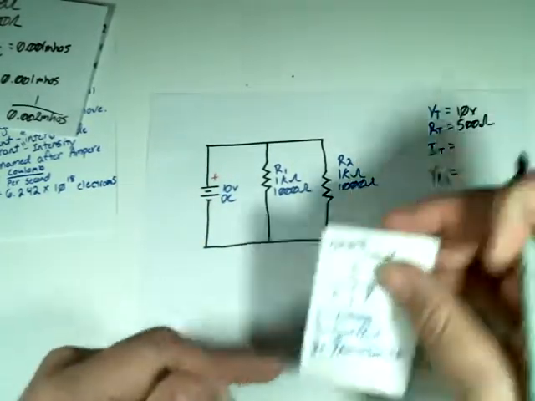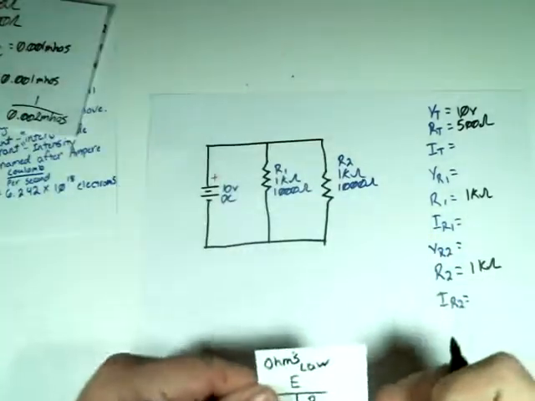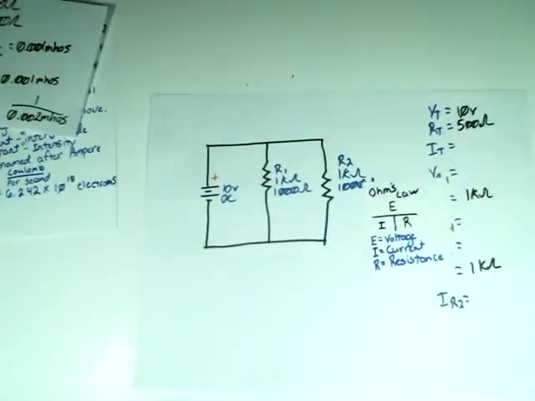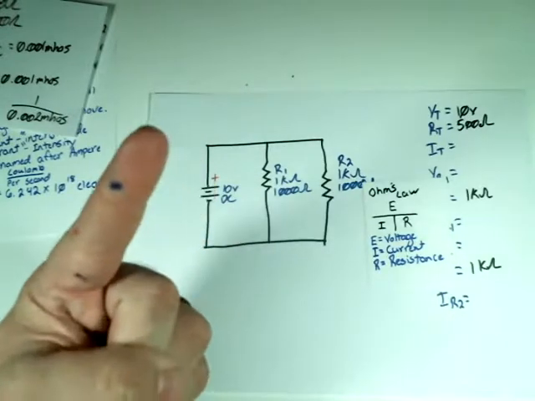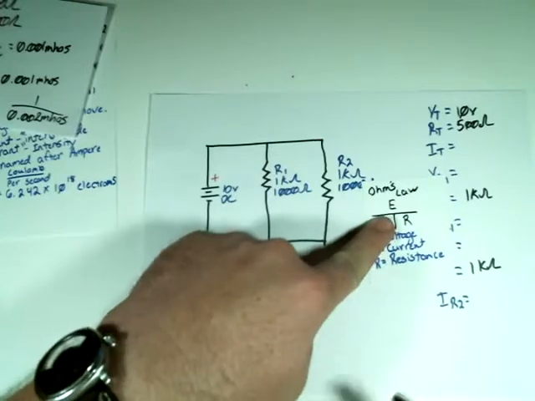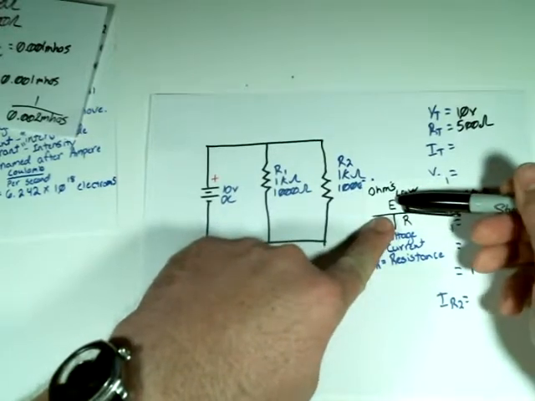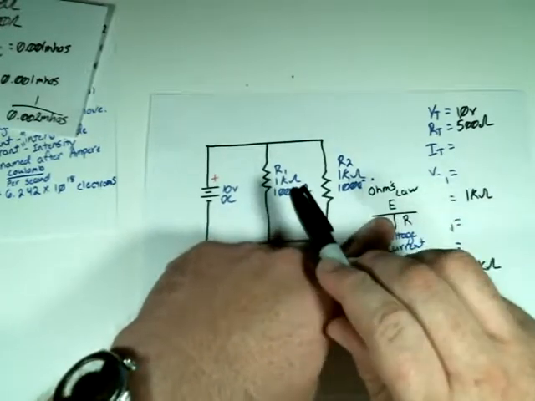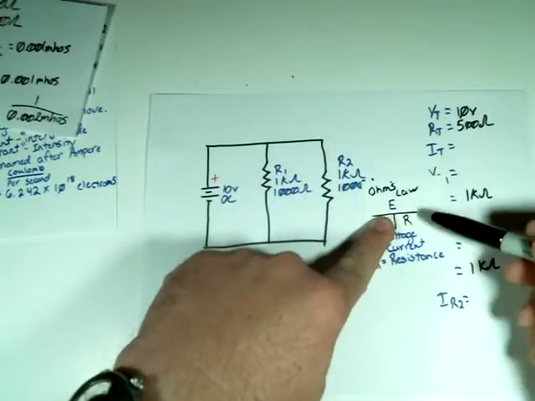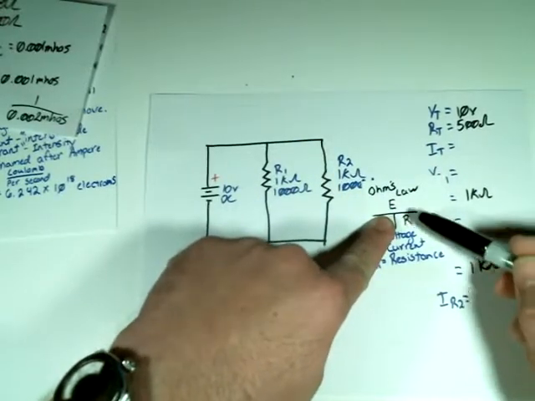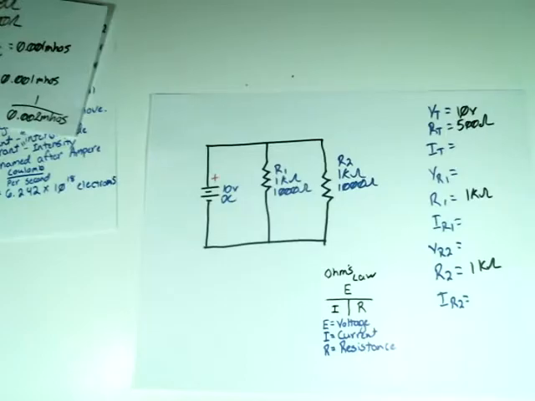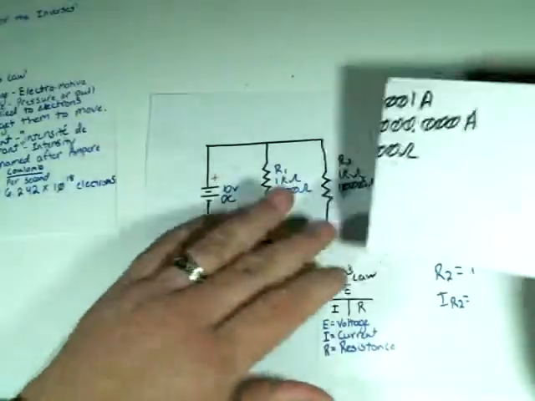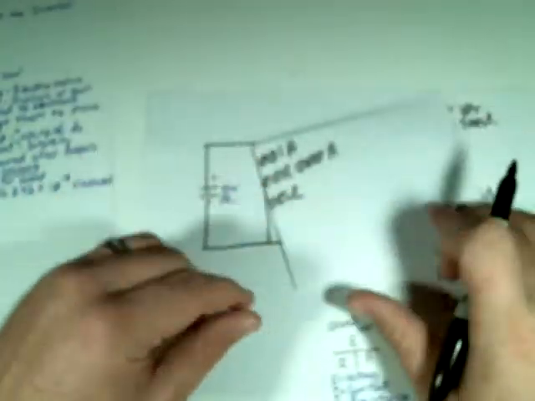So how do we find IT, current, total intensity? This is where my Ohm's Law card comes into play. I want to find the current, so I cover up the I, and that leaves me with voltage or electromotive force divided by resistance. So get my scratch paper.